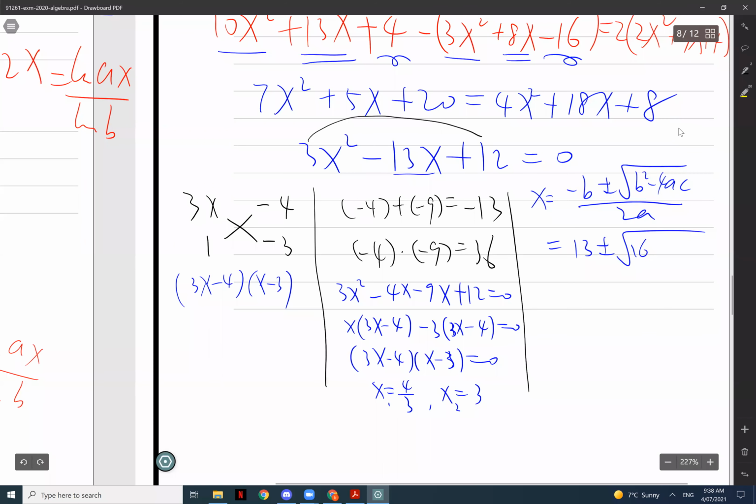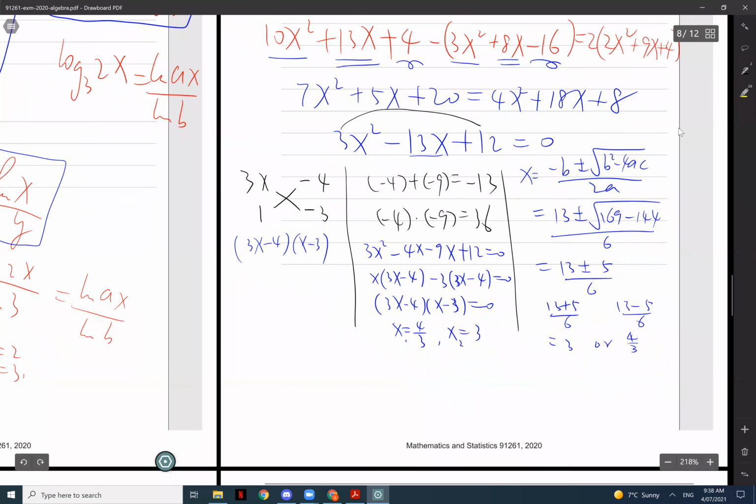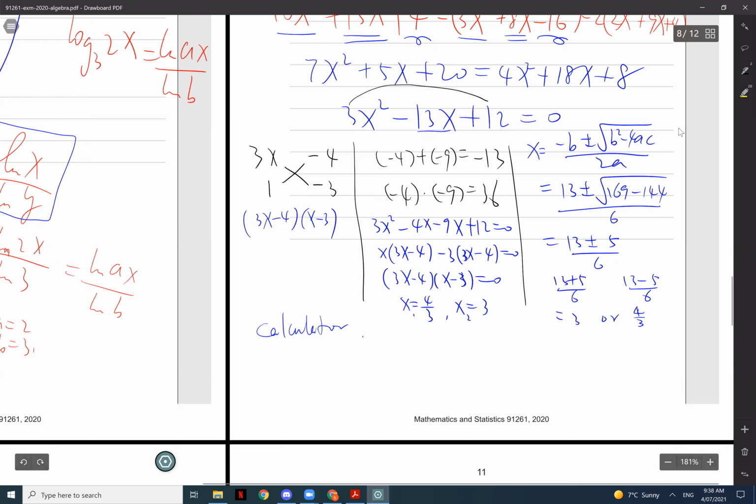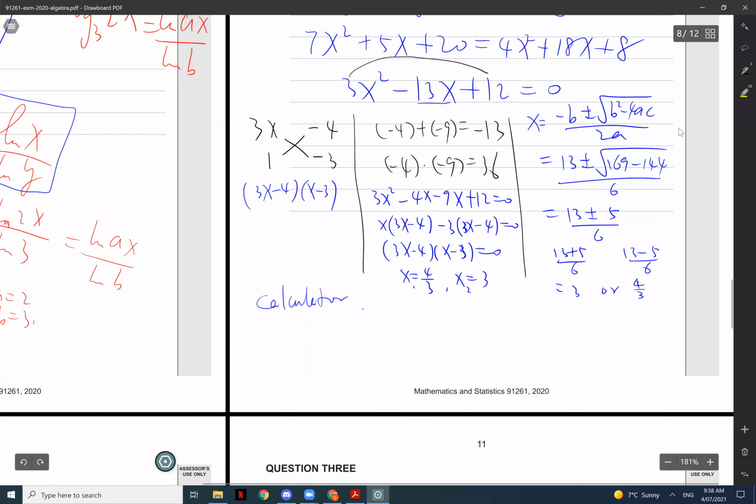B squared 169. 4AC 144. 2A 6. So 13 plus 5 over 6. 13 minus 5 over 6. 3 or 8 over 6. 4 over 3. Of course, a calculator can do it. If you have a very good calculator, you can do it.